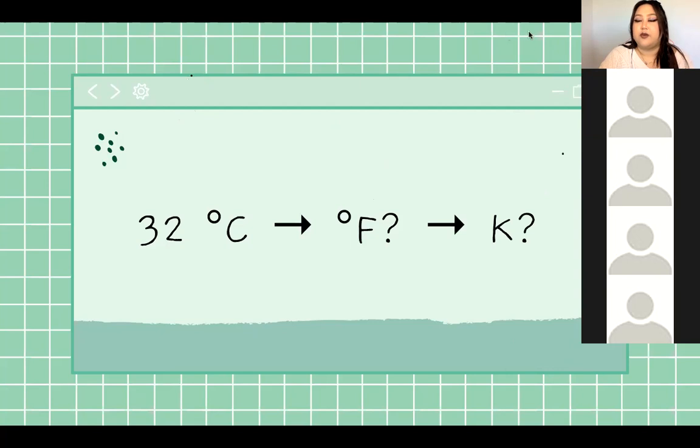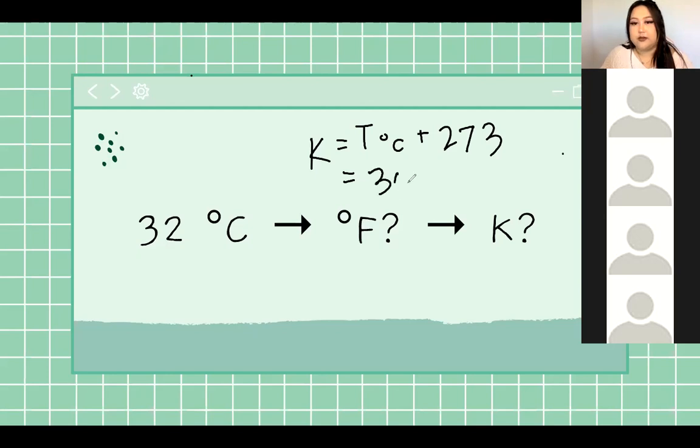Okay, and then if we wanted to convert it into Kelvin, what would that look like? Reminder that Kelvin is Celsius plus 273. Perfect. 273 plus 32 is 305 Kelvin.